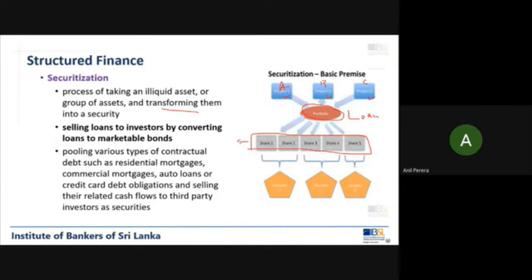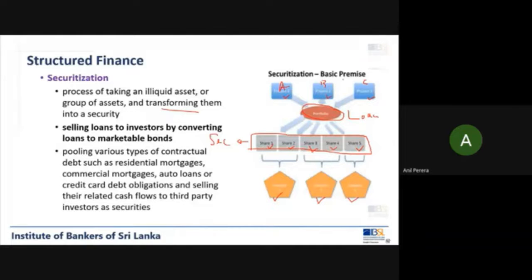This part is called securitization. What do you do in securitization? You create some new instruments, share 1, share 2, share 3. Likewise, the entire portfolio you now convert into shares and sell it back to some other investors, investor 1, 2, 3. Likewise, there are various investors.